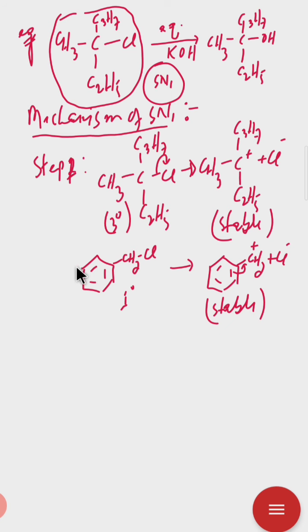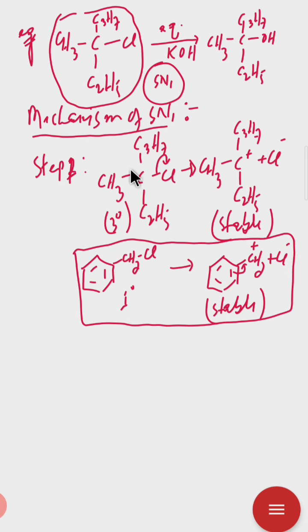Now let me complete step number 2. In step number 2, the nucleophile will attack this carbocation. Let me show here. This is the carbocation, and its structure or geometry is trigonal planar.